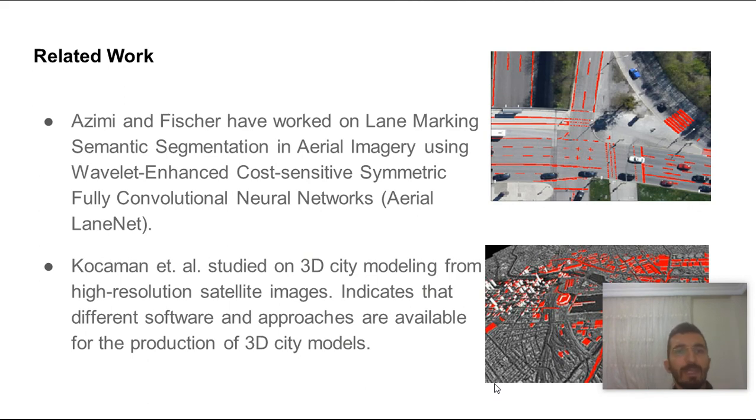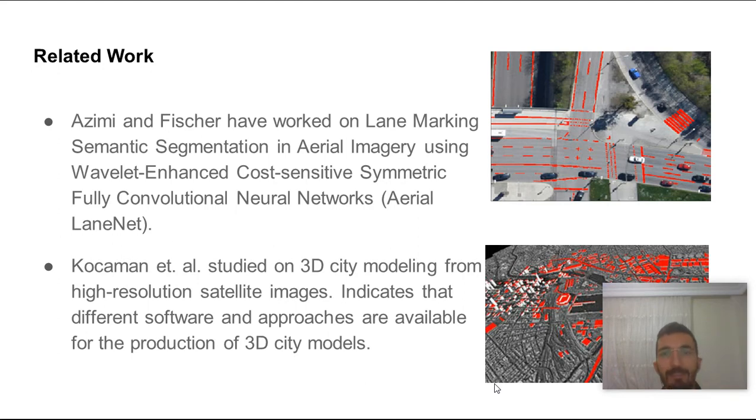Related work. I studied a lot of related work, but I chose five studies. Firstly, Azema and Fisher worked on linear marking segmentation in aerial imagery using a leveled, unhedged, cost-sensitive, symmetric, fully convolutional neural network algorithm.